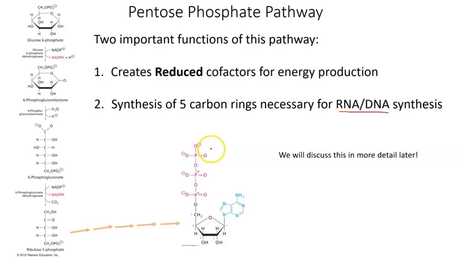So again, we'll talk about this later, but when we have a lot of extra resources, we can make more DNA. We actually need a lot of resources to make DNA. So if we don't have a lot of glucose, we're not going to be able to make more DNA. We're not going to do cell division. So it's really important that we have a source of glucose for making these RNA and DNA components.